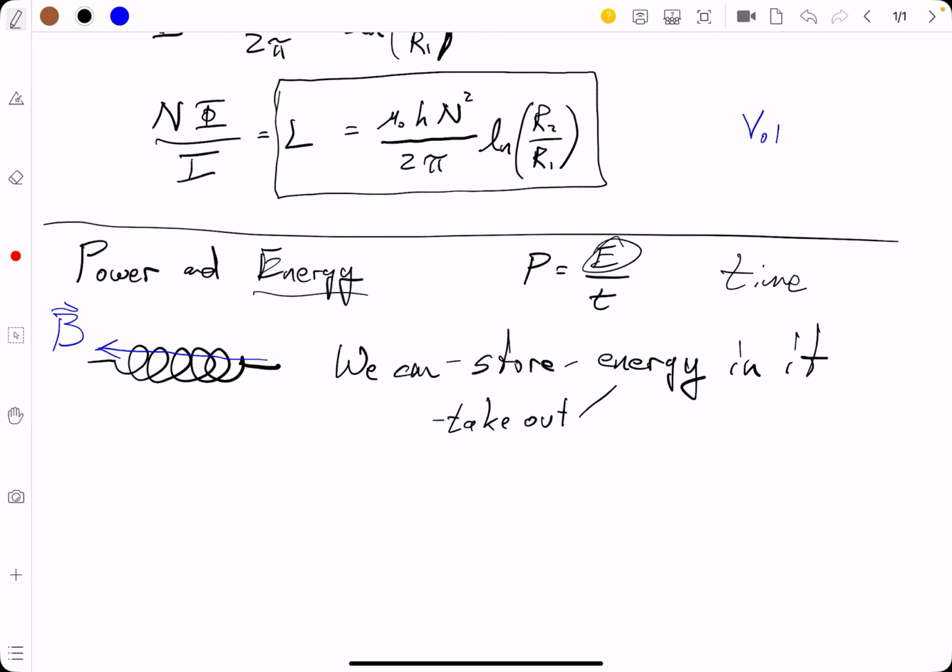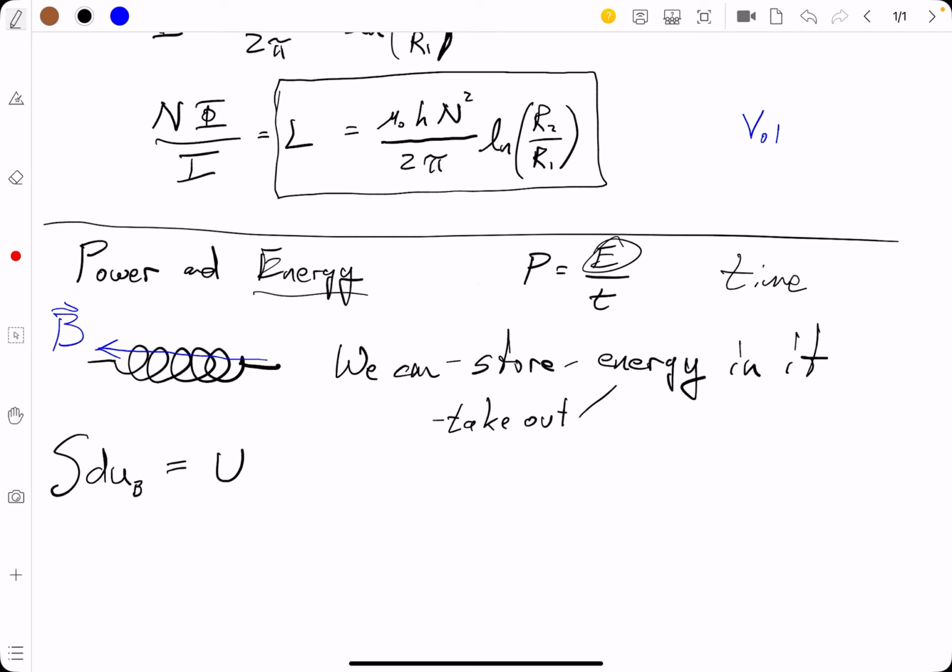So we can integrate, if let's say we have some energy density, little u of B. We can integrate that and get our total energy. Okay, so that's the point. We're going to integrate that over the volume.